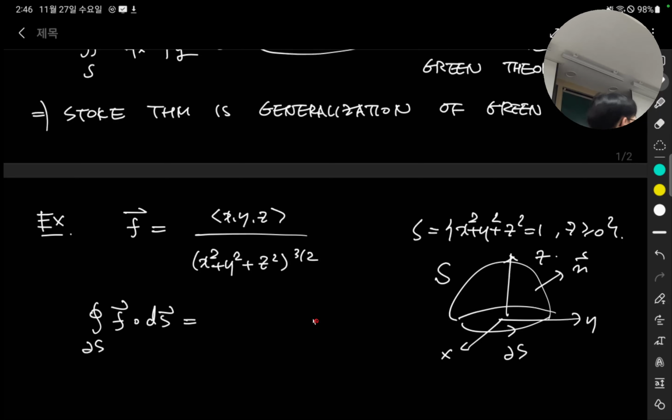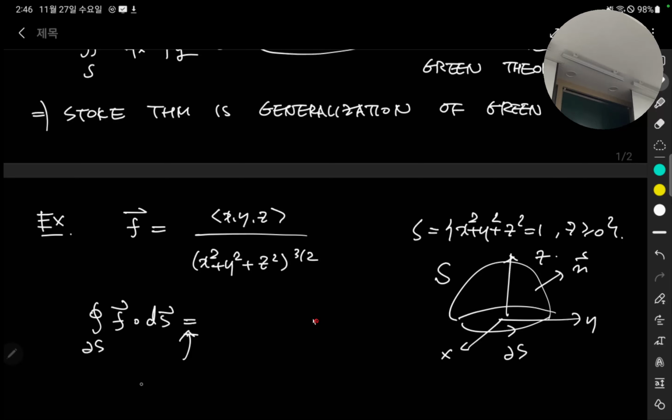When you apply the Stokes theorem, you have to check whether your vector field is well defined on the surface and the boundary. Each component function of the vector field is well defined as long as x, y, z are not the origin. If x, y, z are all 0, you have a 0 denominator and it doesn't make sense. But other than that, it's well defined. So you can use the Stokes theorem because surface S does not pass through the origin.